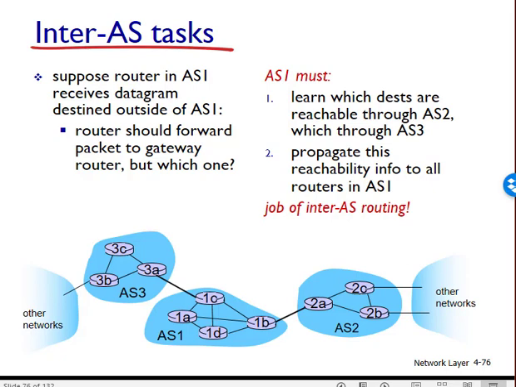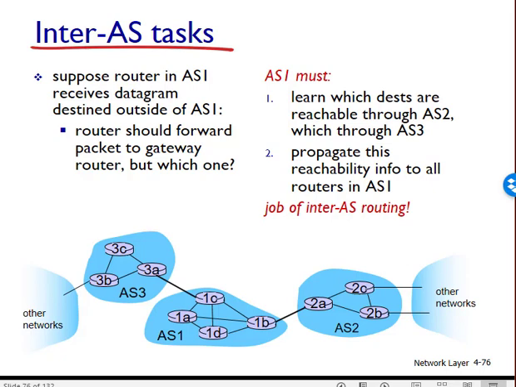In fact, in the Internet, all autonomous systems run the same Inter-Autonomous System Protocol, called BGP4, Border Gateway Protocol 4.